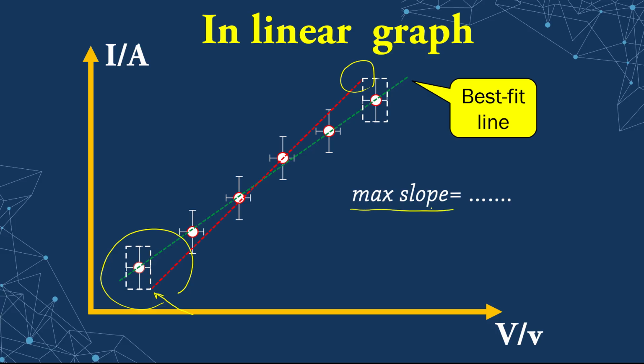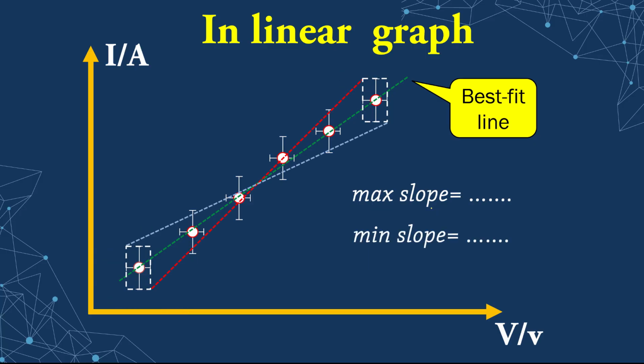It will give you the maximum slope. Then measure the maximum slope here. Then you go over the other one, which is the connection between the top left corner and the bottom right corner in the last rectangle, and then you will find the minimum slope.